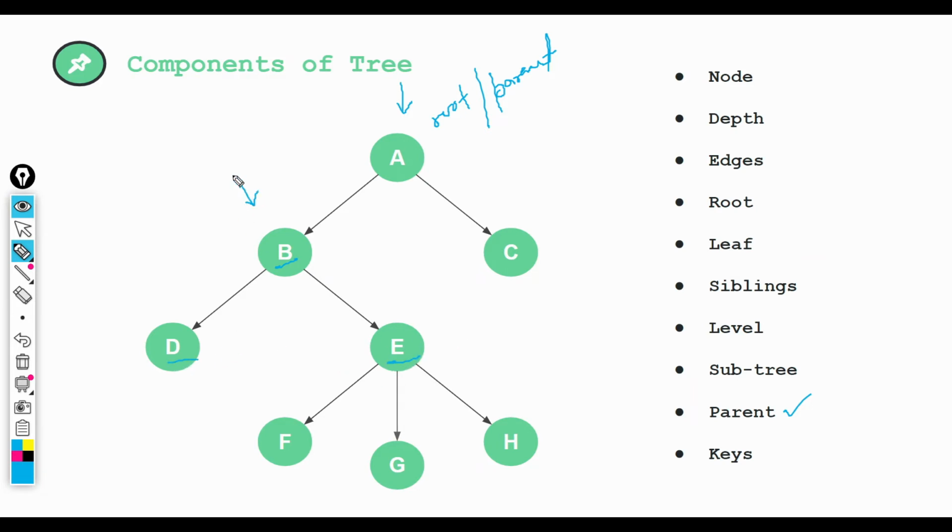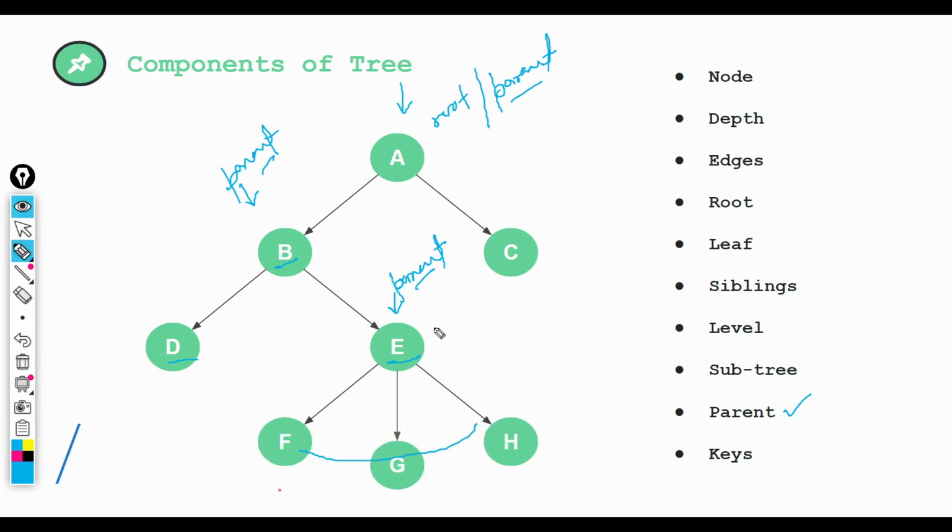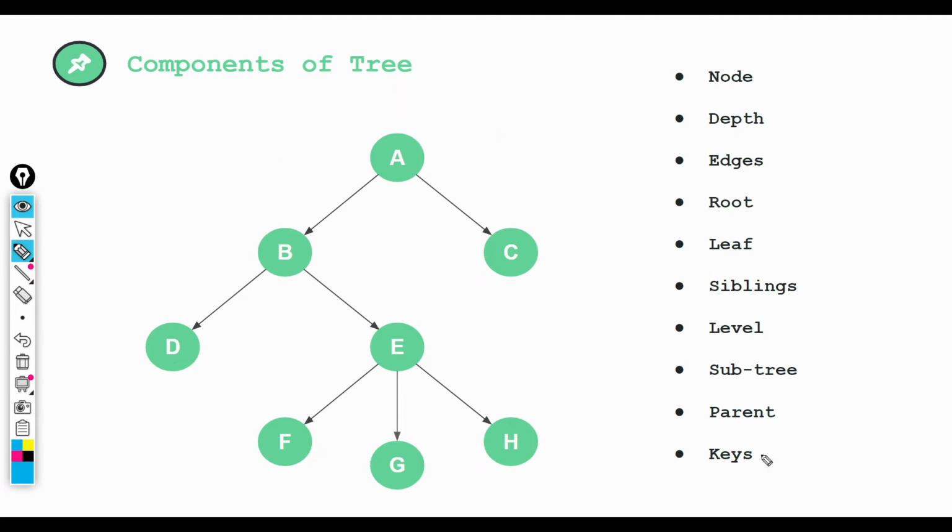And this is a parent node, right? Along with this, this is also a parent node, and these are the children. So you can see we have one parent, two, and three. So we can have multiple parents, but we can have only a single root node.